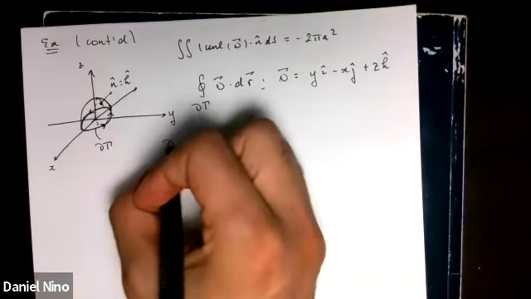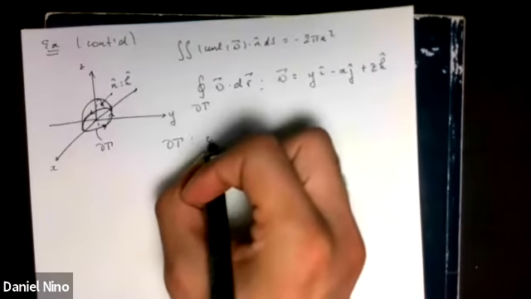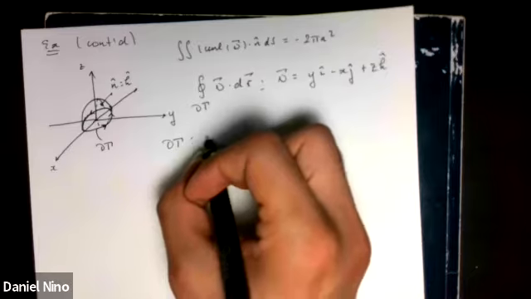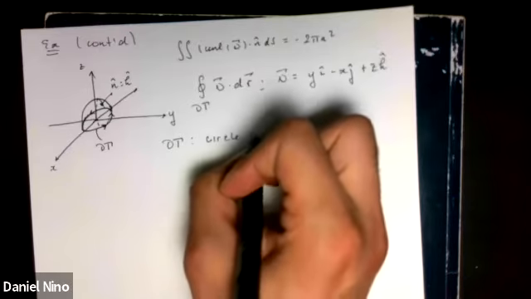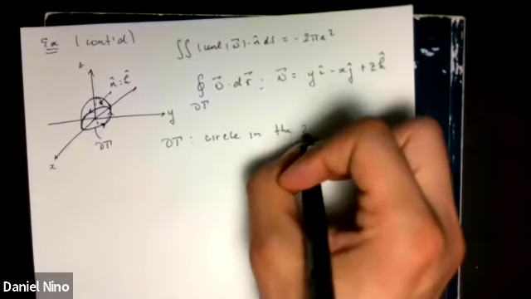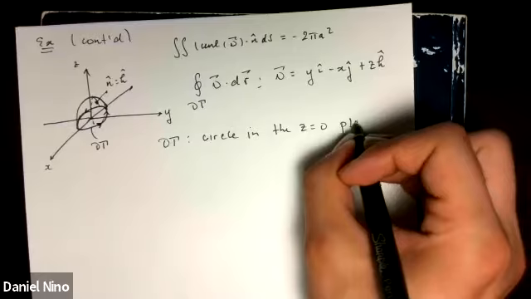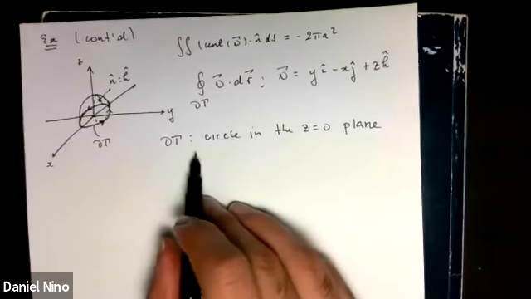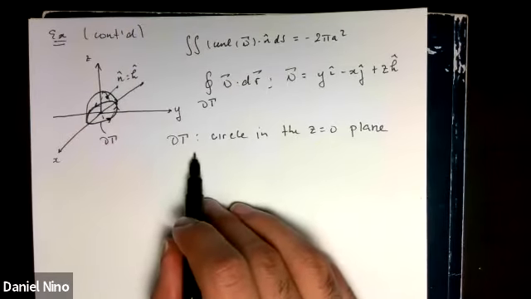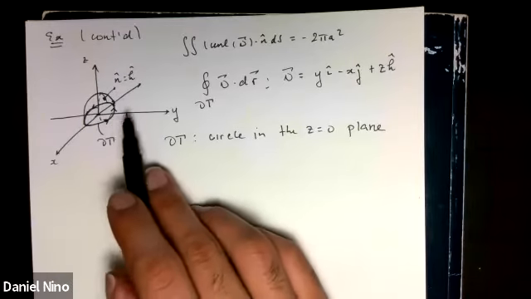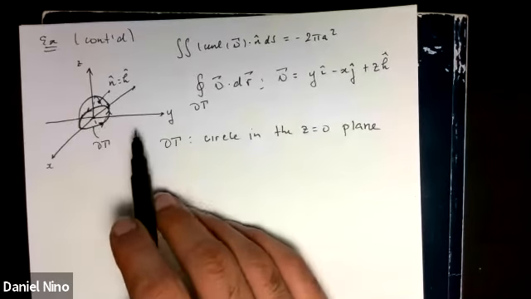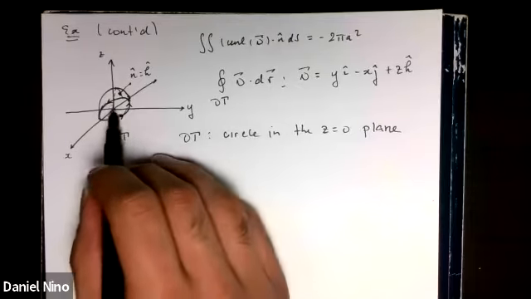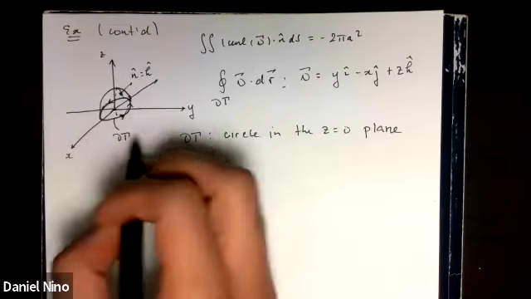Okay, so the curve enclosing our surface is the circle in the z equals 0 plane down there. And because this hemisphere has radius a, that means that our circle also has radius a.